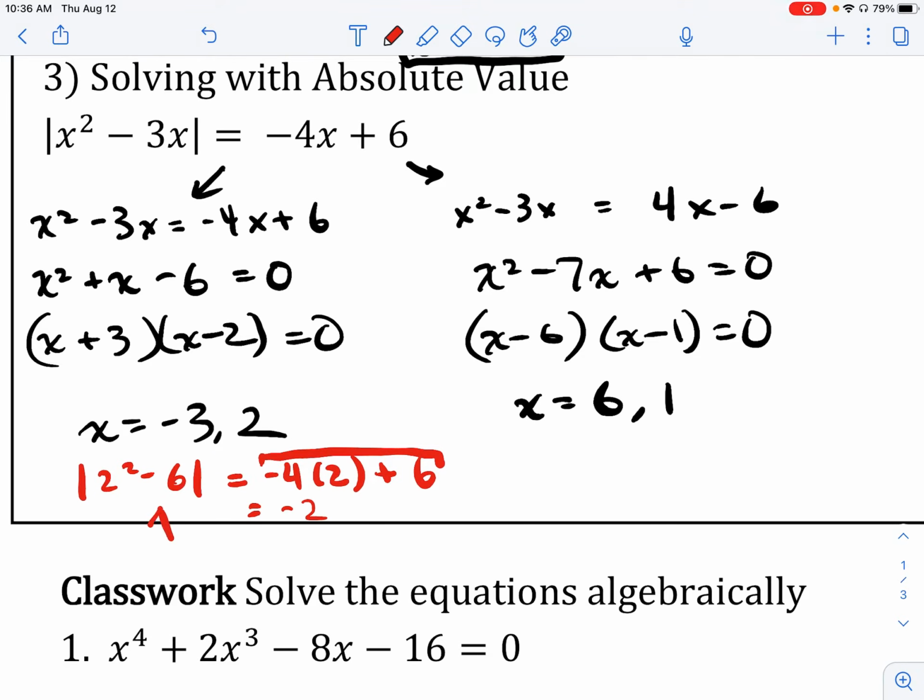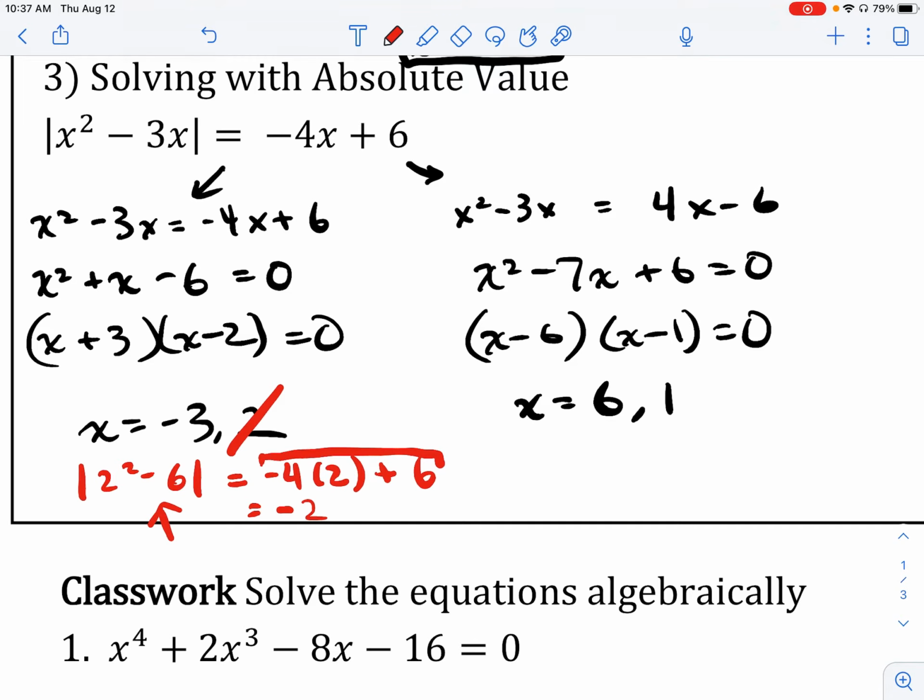In fact, it doesn't really matter what this left side is. There is no way that the absolute value of an equation could result in a negative value. So right away, I see that positive 2 is what we call an extraneous solution. It does not work. An extraneous solution is a value that we get algebraically when we solve, but does not actually satisfy the original equation.